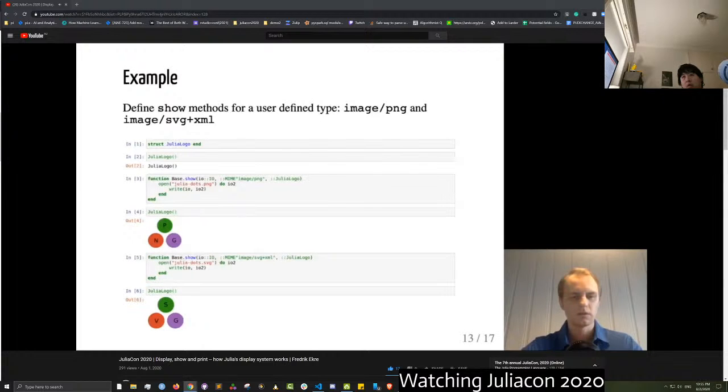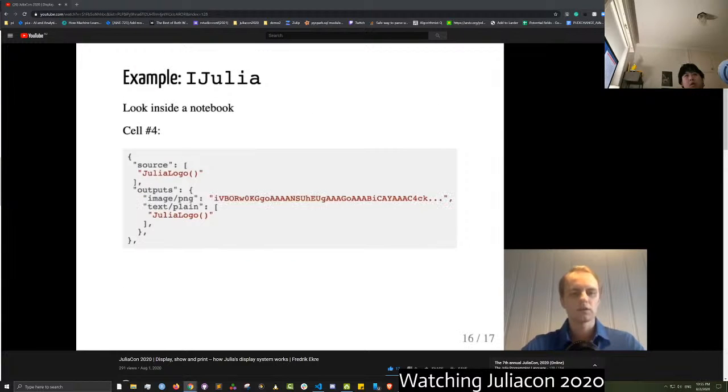defined also a PNG version of the show function, then we can see that there are actually two outputs stored here. So we have the image, which is base 64 encoded, and we also have the same text plain output as before.